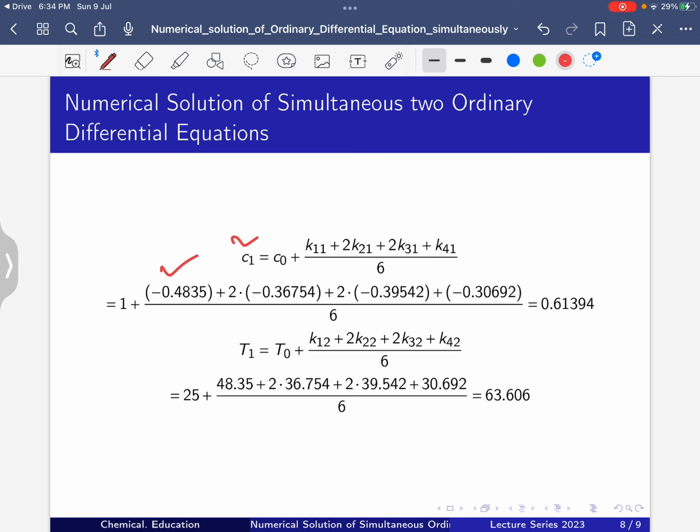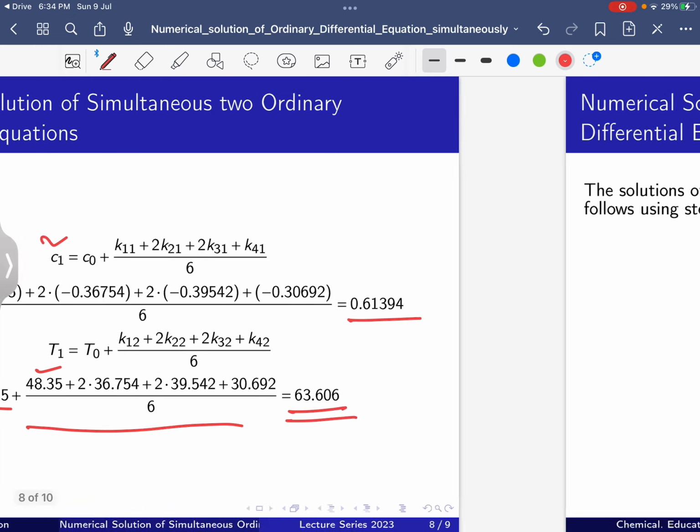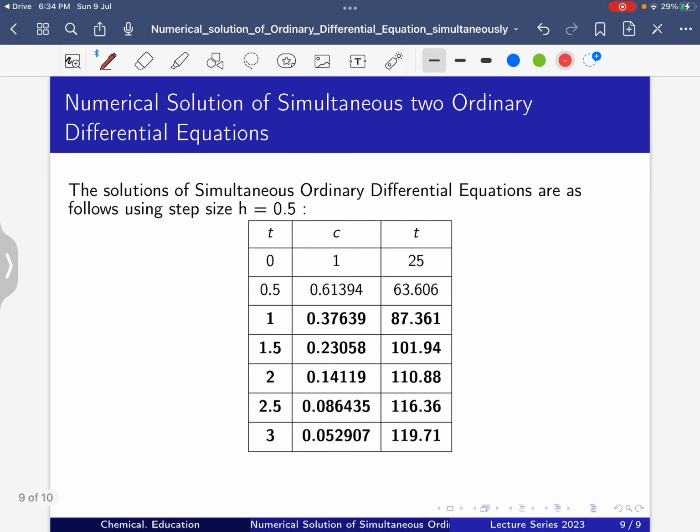So we'll get that C1 will be 0.61394, and T1 will be T0 plus (k12 plus 2 k22 plus 2 k32 plus k42) by 6. So we have to plug all these values, and after doing the calculation we will get T1 will be 63.606.